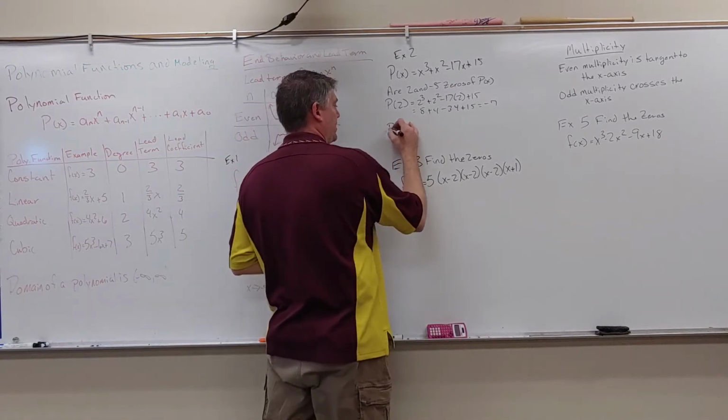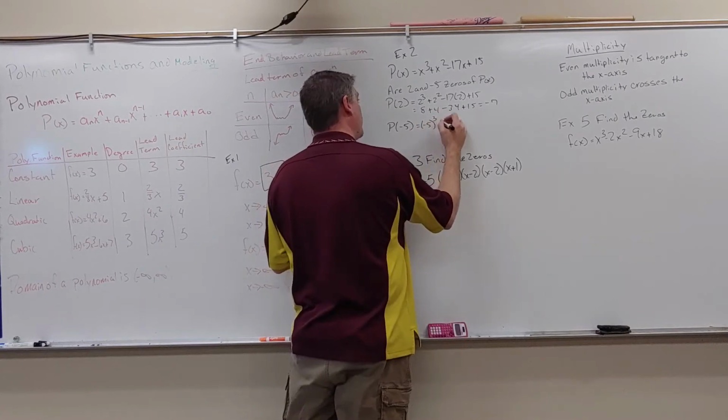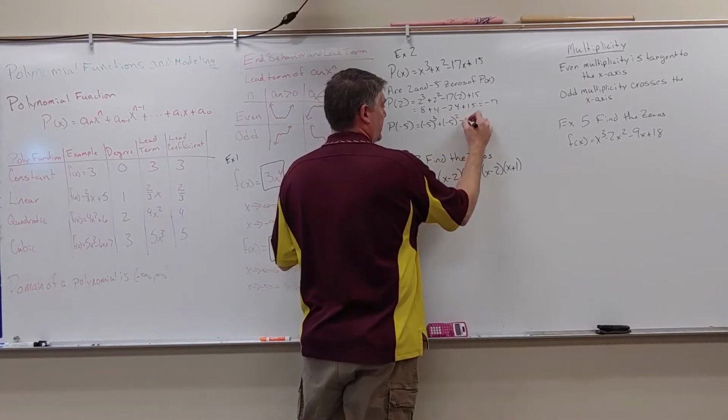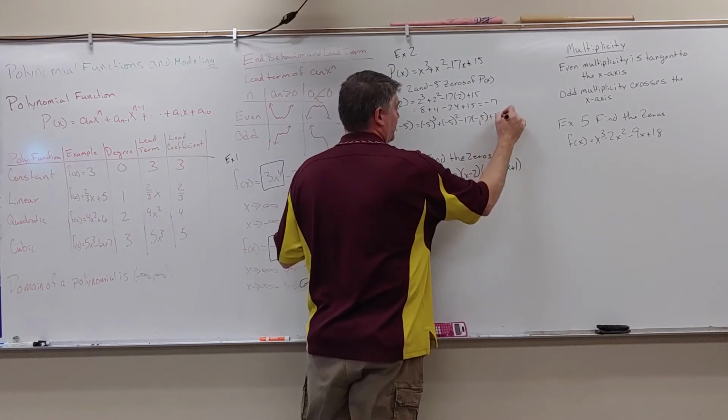Now we're going to test p of negative 5. So I have negative 5 cubed plus negative 5 squared minus 17 times negative 5 plus 15.